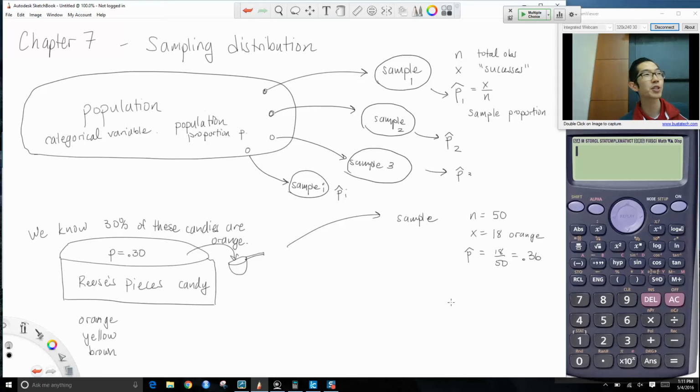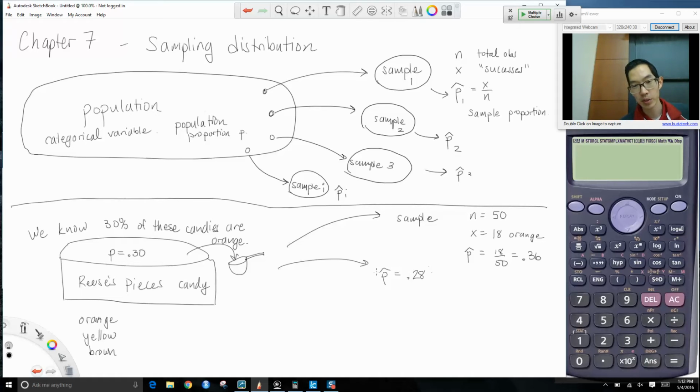And so each time, with our vat of candy, we're going to do the same thing. I'm going to dump the pieces of Reese's Pieces back into the thing, stir it up, draw out another scoop, and we'll get another p hat. Maybe another time I get p hat 28%.